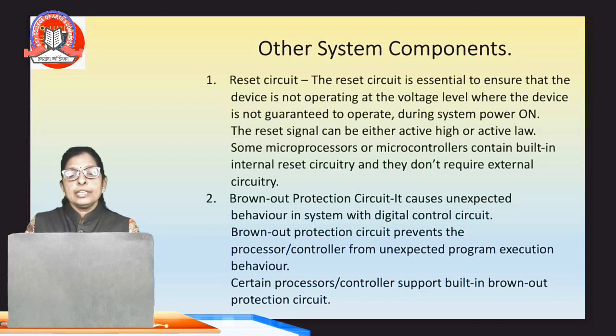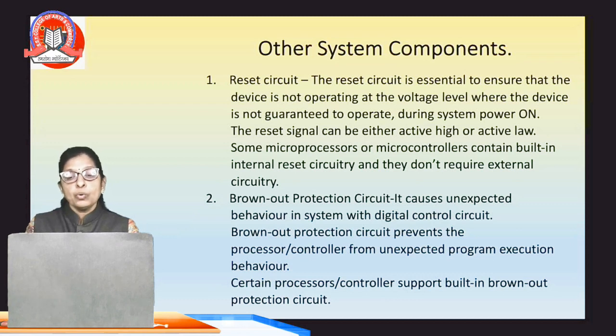Next is the brownout protection circuit, a component of the embedded system. Without it, during program execution, unexpected behavior can occur in our system, sometimes errors and problems. This is a digital control circuit.